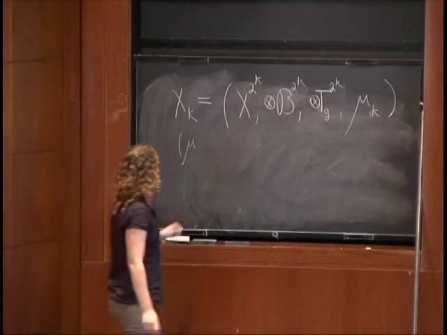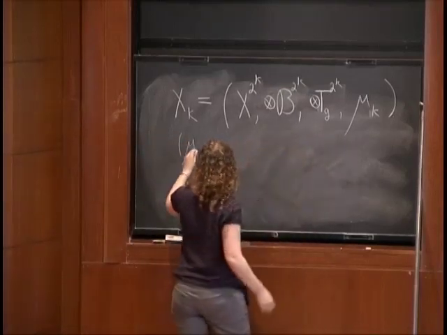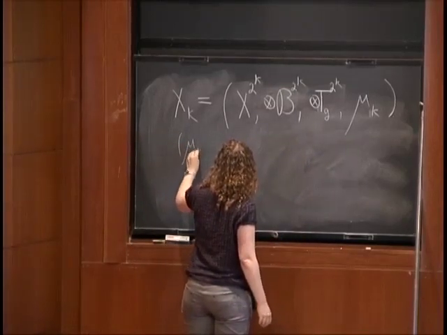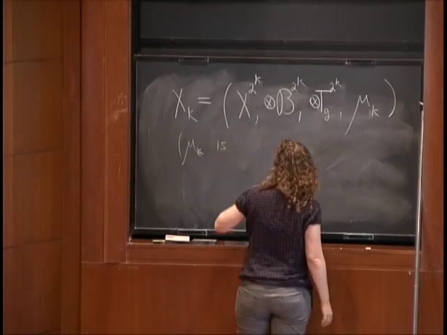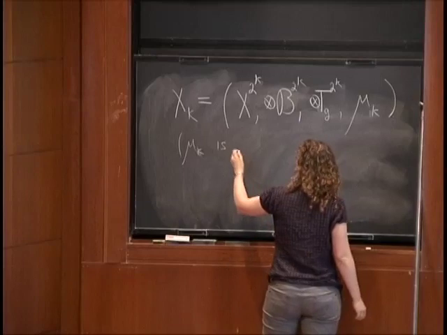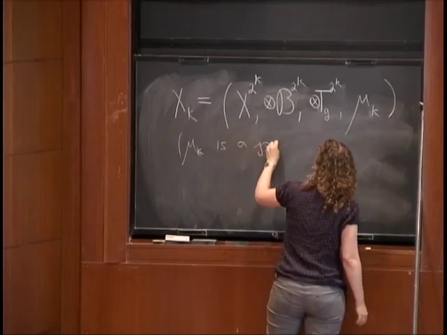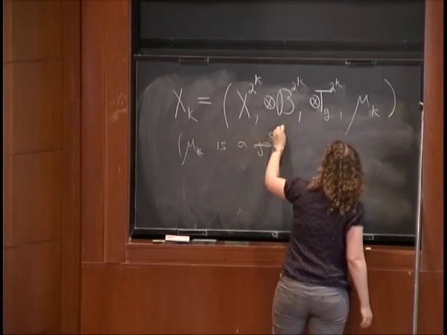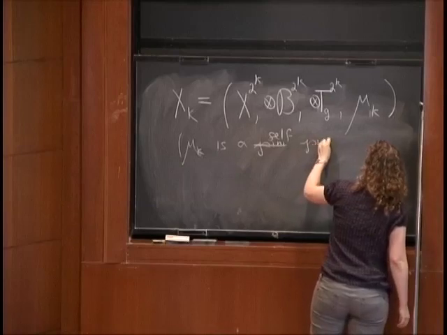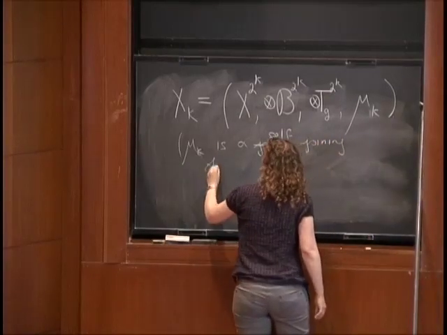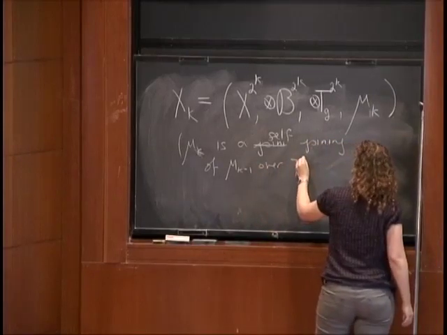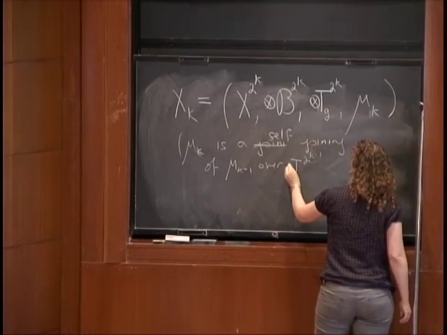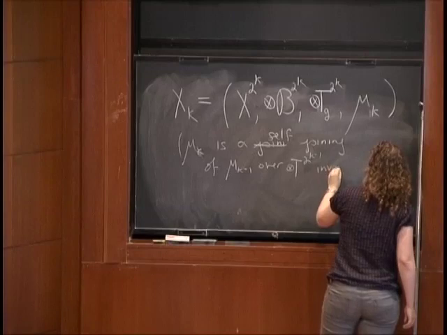But if you take a measure that is constructed in a natural way via some μ_{k-1}, I'll write it, but if you haven't seen this, then it's not going to help you, it's a self-joining of μ_{k-1} over T^{2^{k-1}} invariant functions.